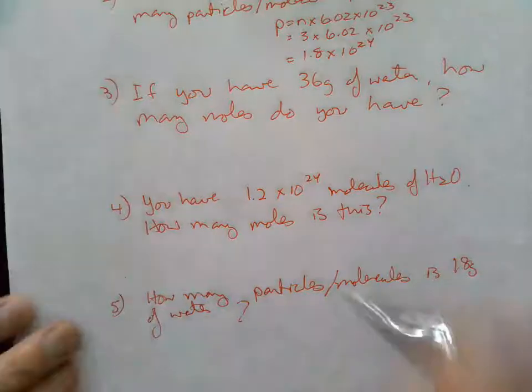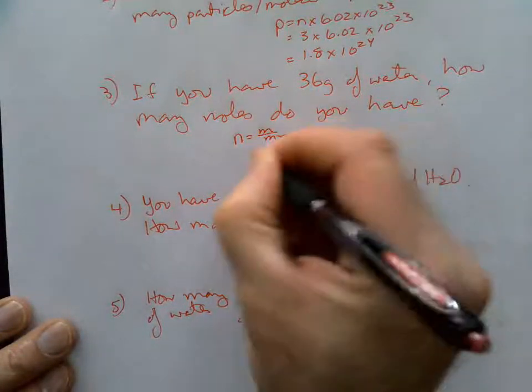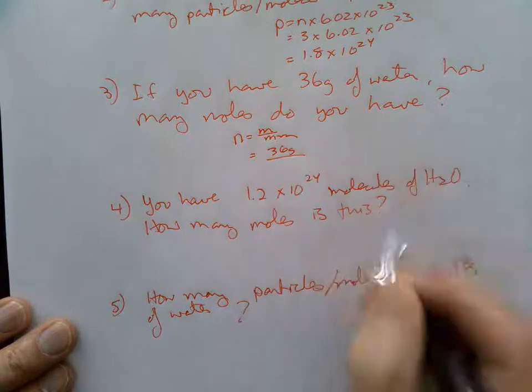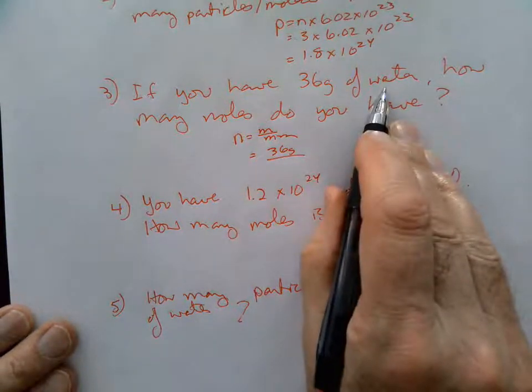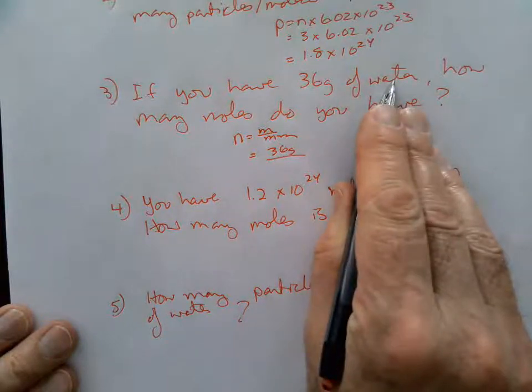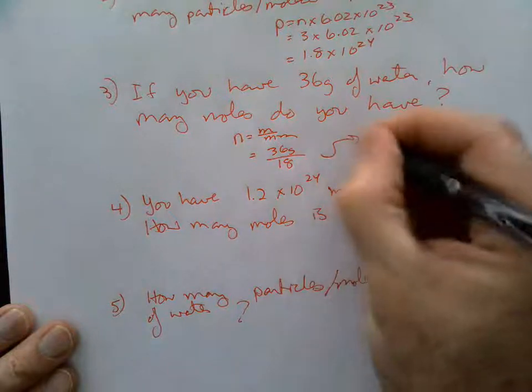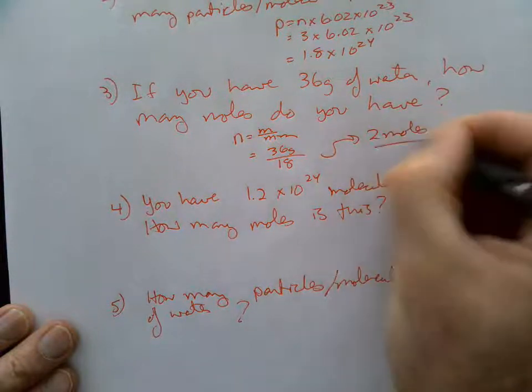So I'm going to go to number 3. Moles equals mass over molar mass equals 36 grams of water. If I look up the molar mass of water, you go to the periodic table, 1 for hydrogen, 1 for your second hydrogen, plus 16 for your oxygen. We're at 18. We have 2 moles of water.